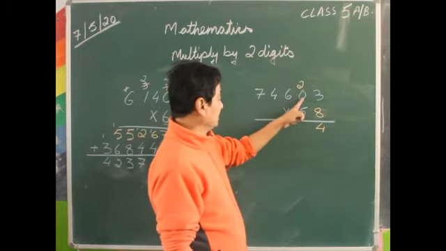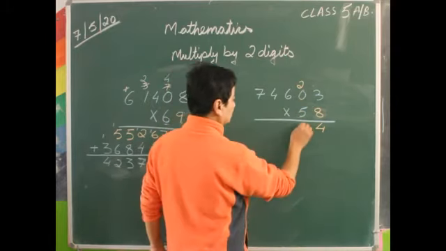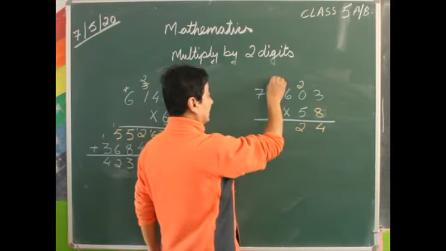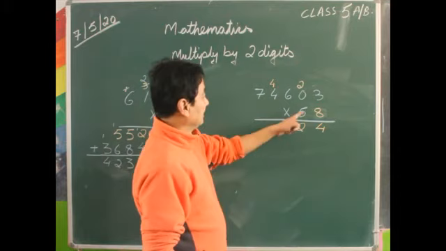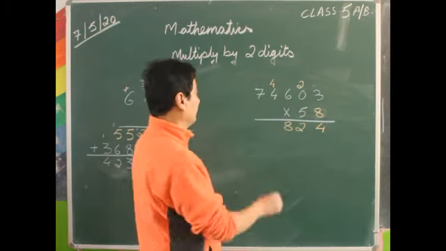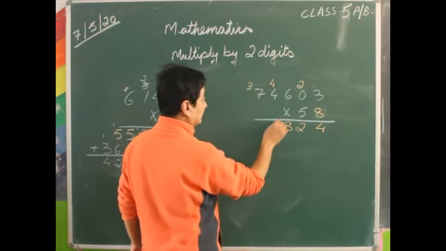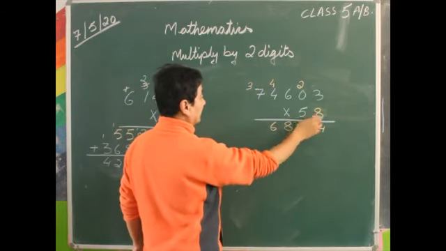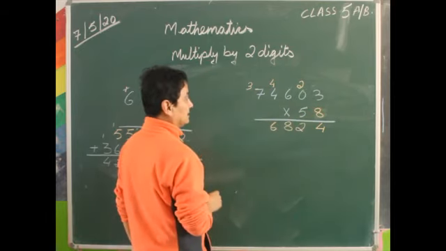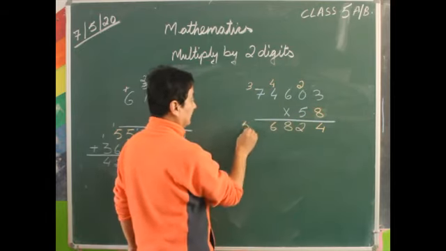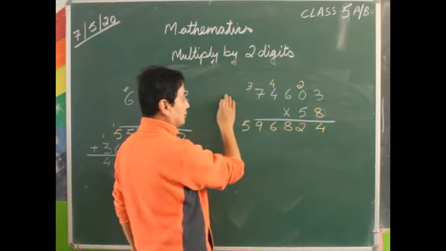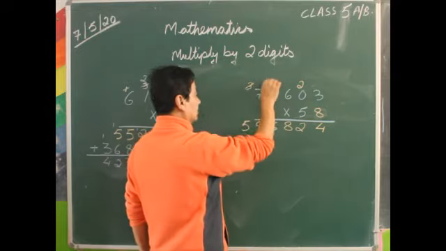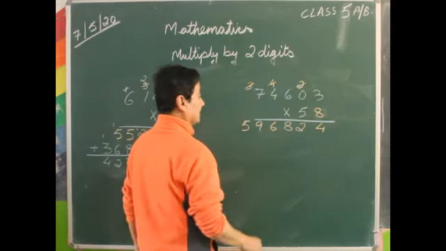So 8 zeros are 0 plus 2, 2. 8 6s are 48. 8 4s are 32 plus 4, 36. 8 7s are 56 plus 3, 59. We must write both the numbers because there are no more numbers here. So let's cross out these carried numbers.